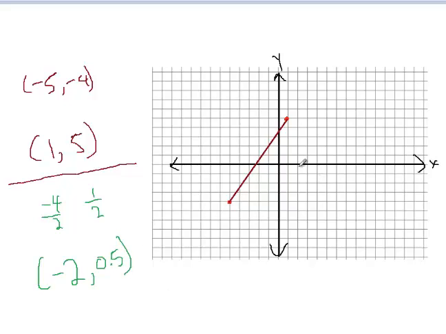So the midpoint is negative 2 and 0.5, which is right there. Obviously, the midpoint has to be on the line, and looking at it with the naked eye, it seems pretty apparent that the green mark is in fact at the midpoint of this segment.